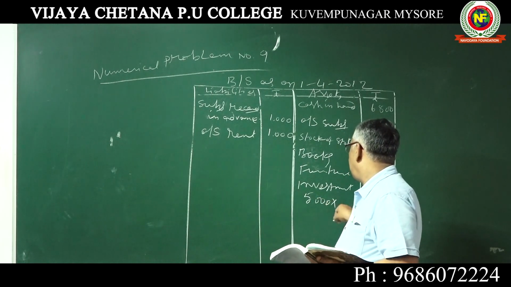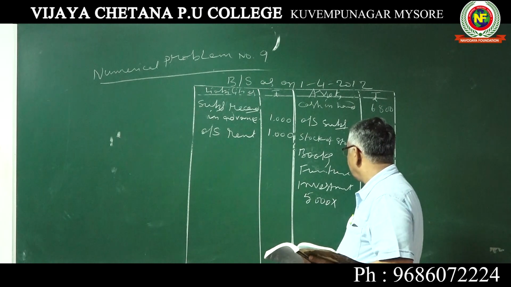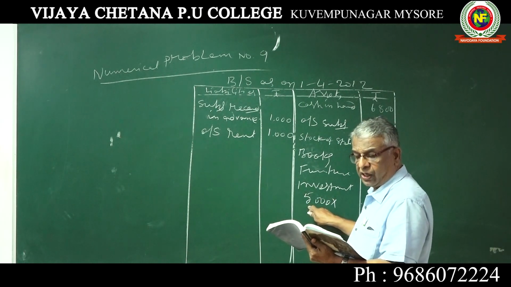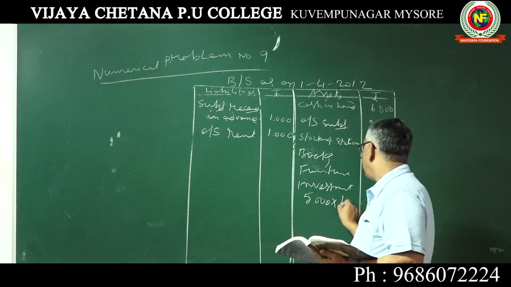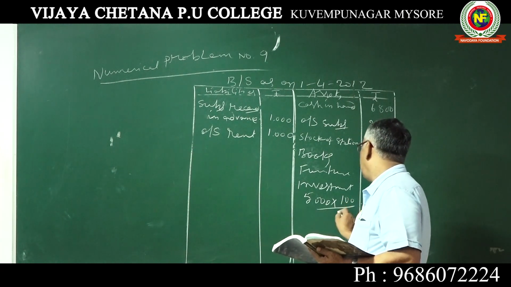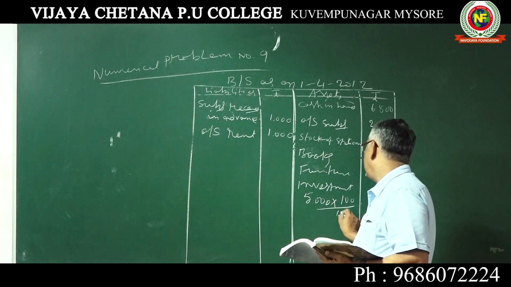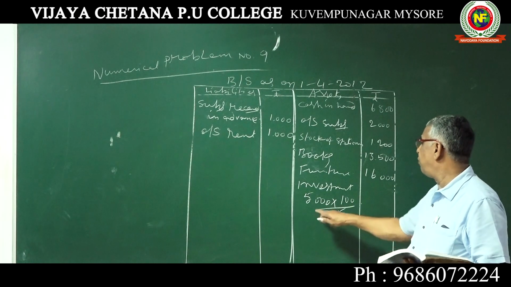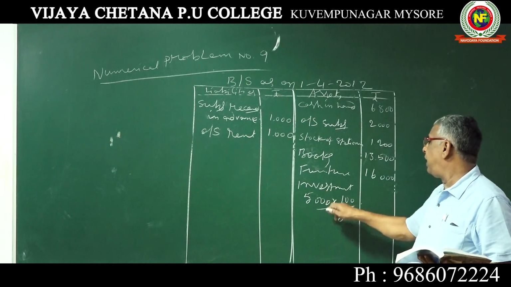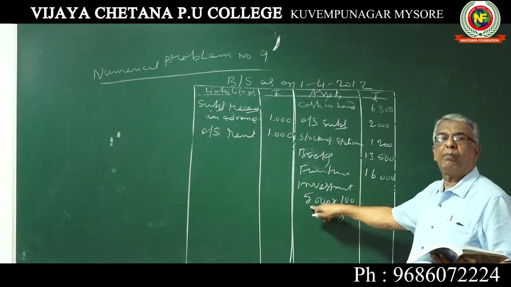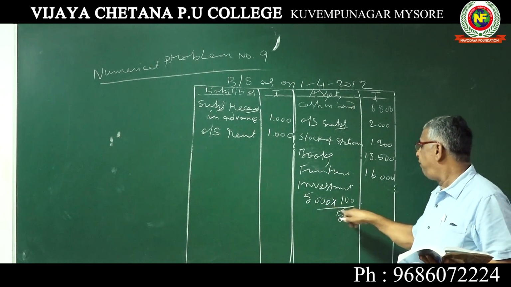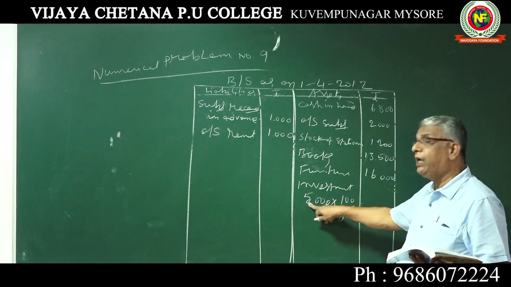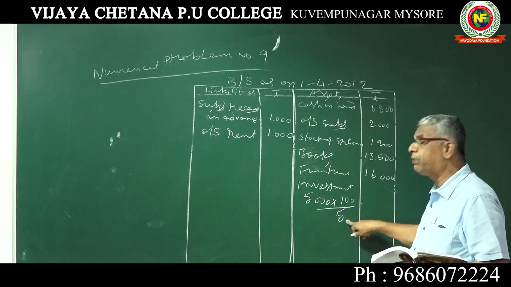Interest is 5,000, at the rate of 5%. So for 100%, how much? 100 by 5. Then we are going to get the cost of the investment. They have received interest of rupees 5,000 at the rate of 5%, then what would be the cost of the investment for 100%?